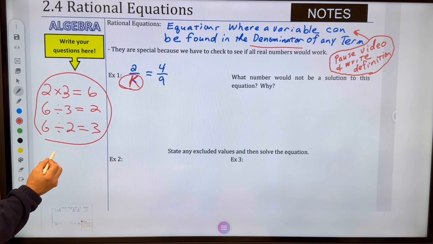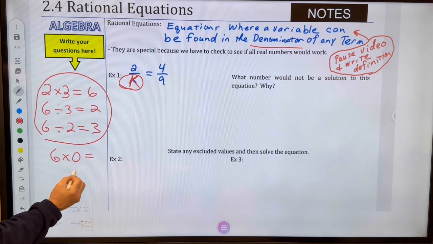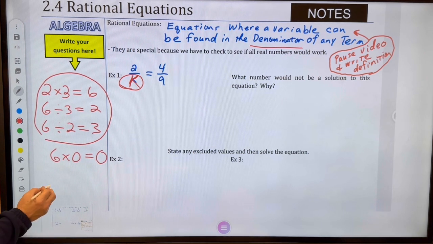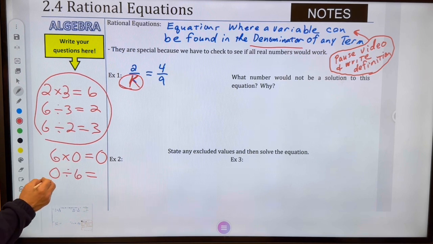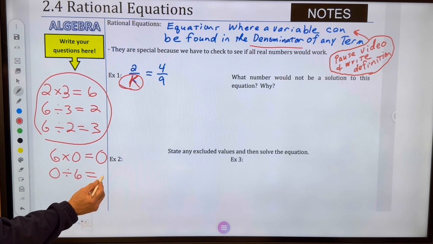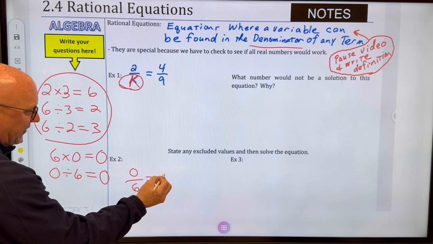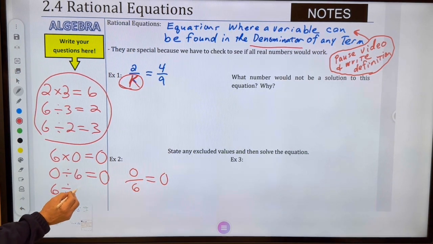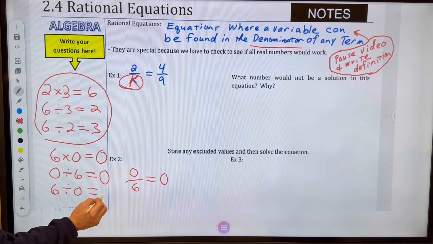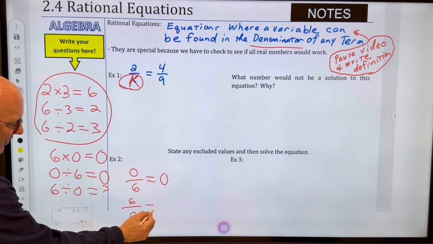Well, if we have 6 times 0, we know that that is 0. But 0 divided by 6, that's also 0. However, 6 divided by 0, that created a problem for us. 6 divided by 0.